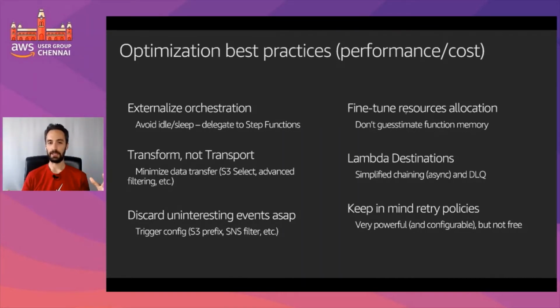Well, simply, if you think about it, how long does it take to publish an SNS message on an SNS topic? It might take 10 milliseconds, 20, 30 milliseconds. If you do that with destinations, first of all, you don't have to write the business logic to do it. So you can spare, I don't know, 10 lines of JavaScript or 10 lines of Python.